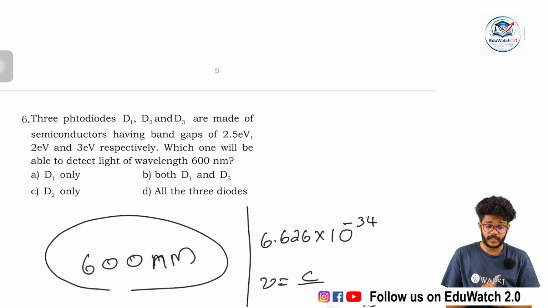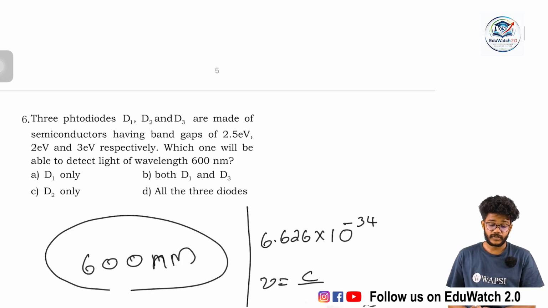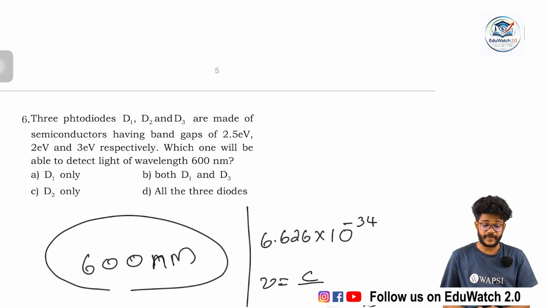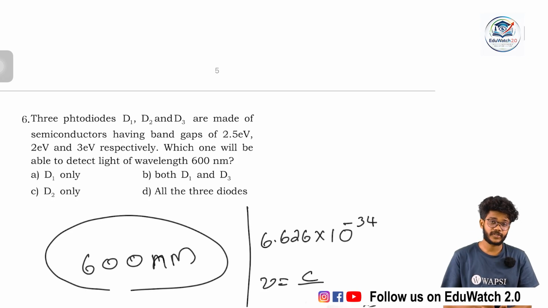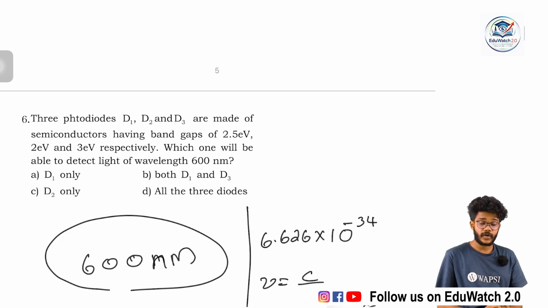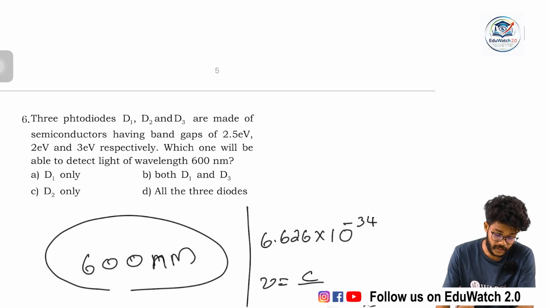D2, at 2 electron volt, is the only one satisfying this, because the energy of D1 is 2.5 and ours is less than 2.5 electron volt, and also less than 3 electron volt. Our desired energy is 2 electron volt, and it is satisfied only by the second diode, 2 electron volt. So we can move to the next question.